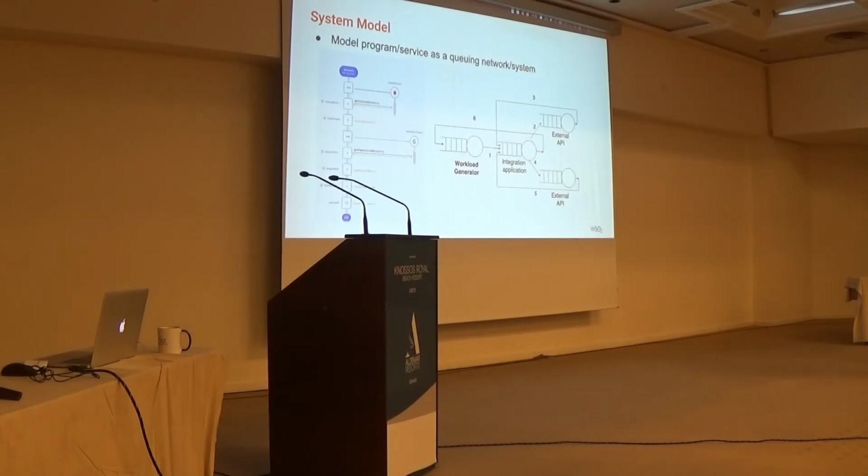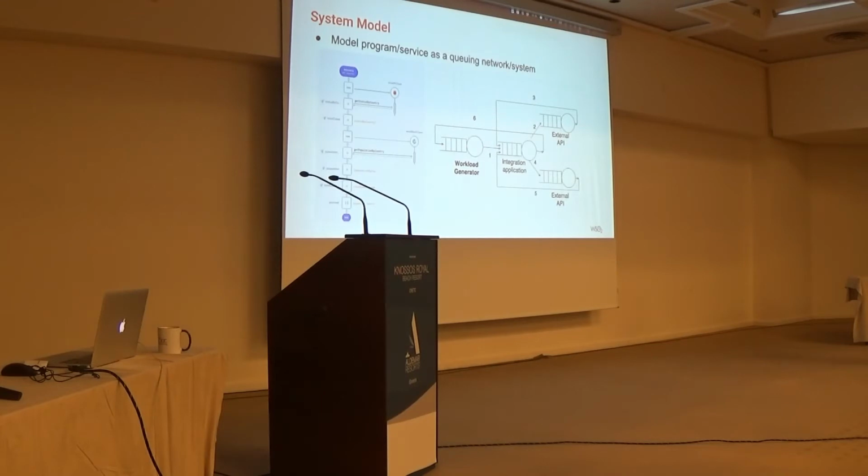The request flow here is that first the workload generator, or it can be the client, generates a request, and then it will send it to the service. Then it will make a call to the COVID-19 one. That is number 2, and then it sends the response back, number 3.